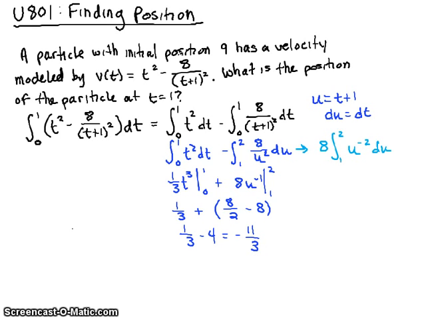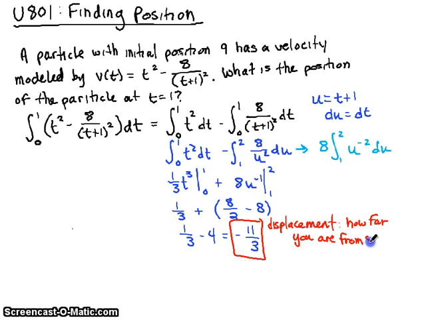So what we just found is not the actual position. What we found is what's called the displacement. So I'm going to put a little box around this thing, and we're going to call this the displacement. And the displacement is simply how far you are from your starting point.